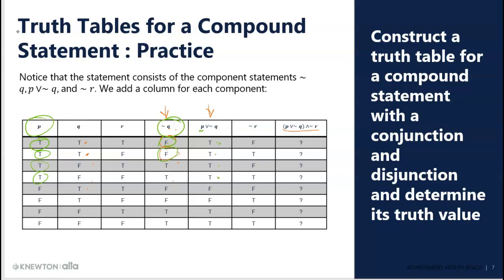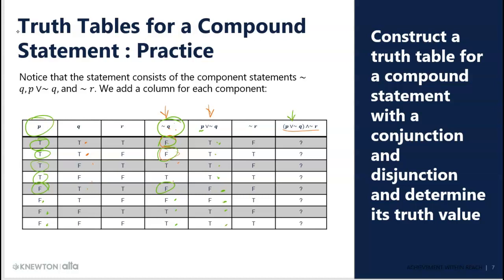As long as I have 1 true, the or is true. So if I did them individually, I'd find I have 4 trues, or I can just say, listen, P is true, therefore P or not Q is true. Now here P is false in this 5th row, and not Q is also false, so that gives me a false. False or false, again, is a false. False or true is a true. False or true is a true.